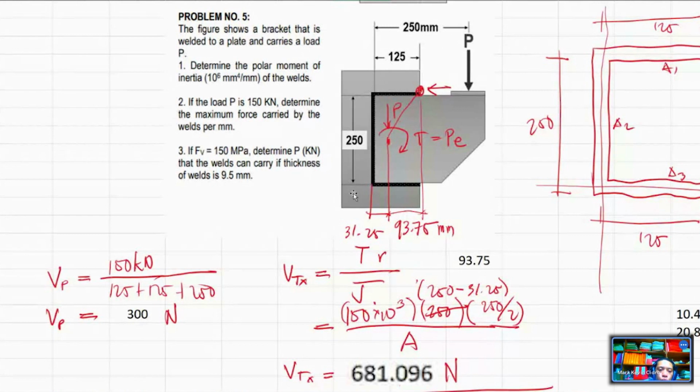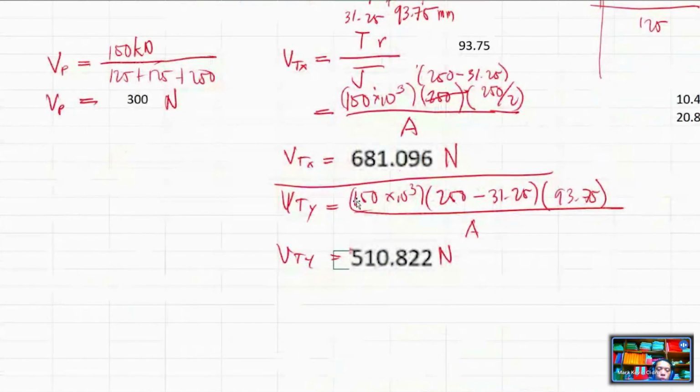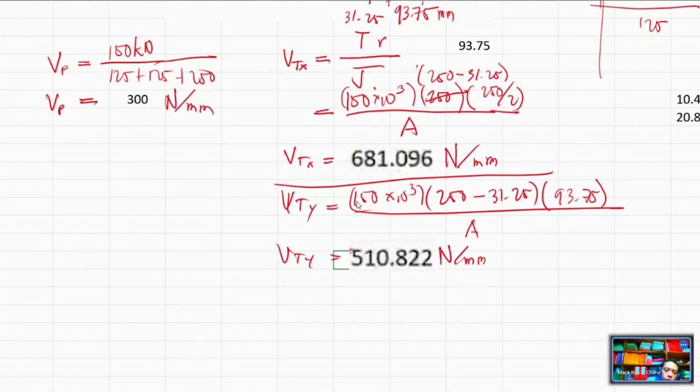What is asked is the maximum force carried by the wheels per mm. So we will combine the two. Take note that this one and the Y are in the same direction.